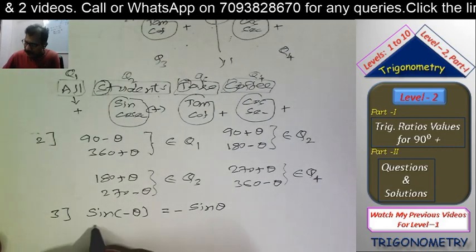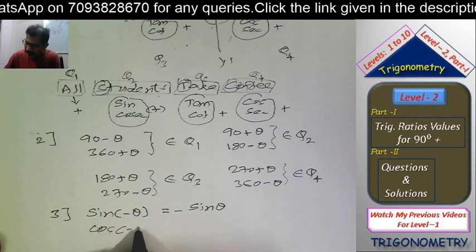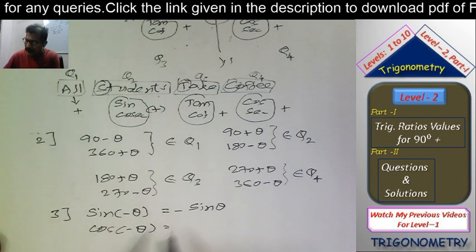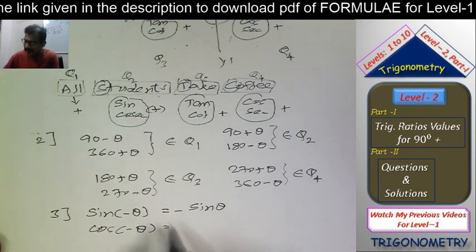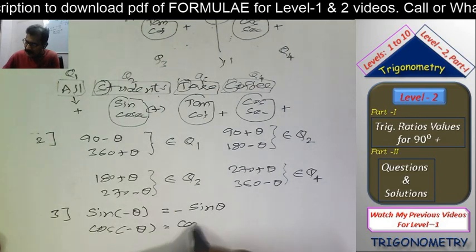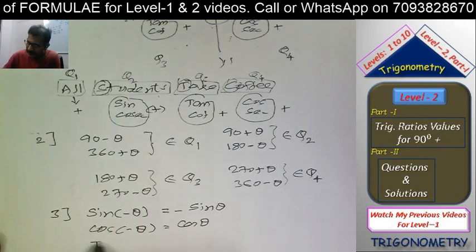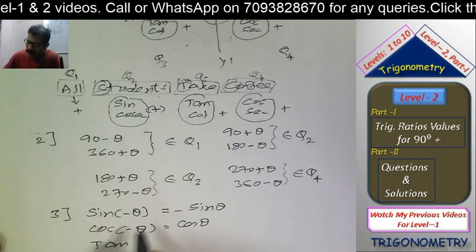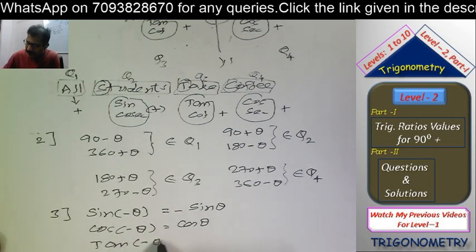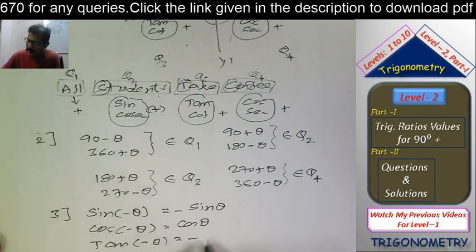And cos of minus theta, since it is in the fourth quadrant, cos is positive, so we get cos theta. Cos and secant, these two only are positive, all others are negative. So tan of minus theta is minus tan theta.